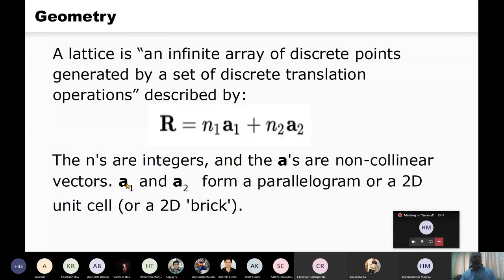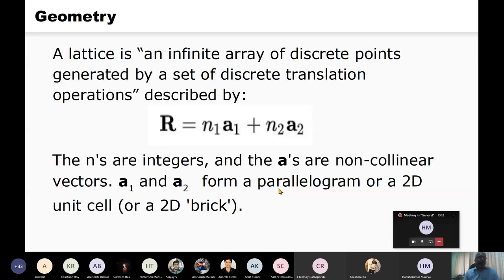So as we have seen, a1 and a2 form a parallelogram or a 2D unit cell. And we have been referring to that unit cell as a 2D brick, whose repetition generates the entire lattice.